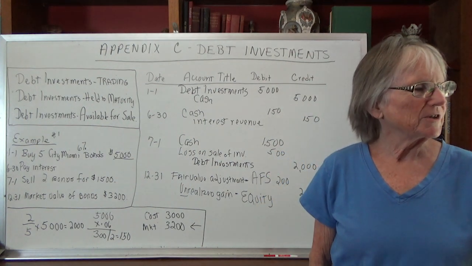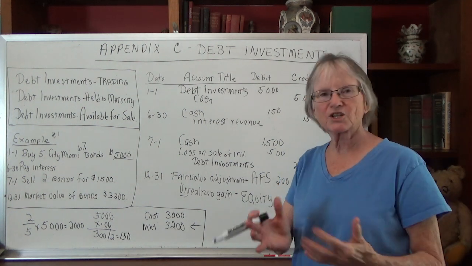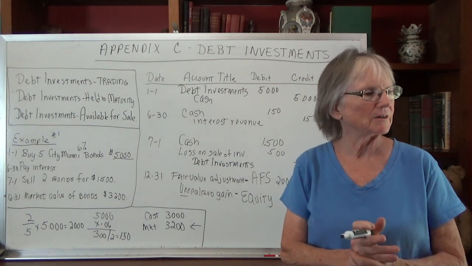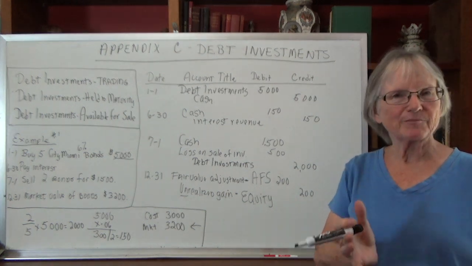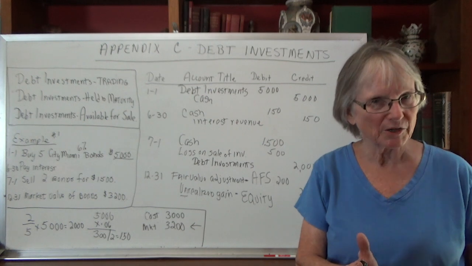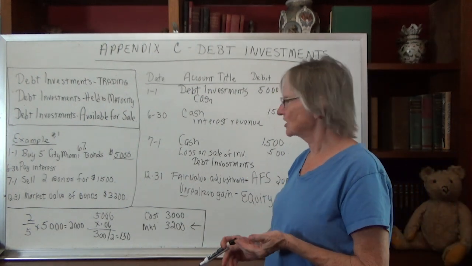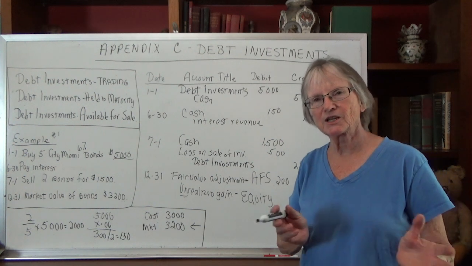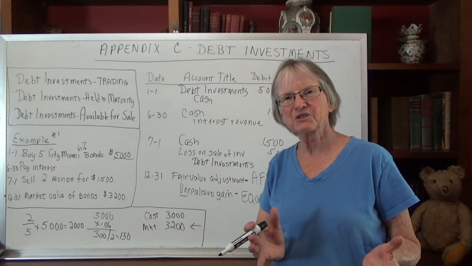Okay, the available for sale is basically anything else. We might sell them soon, we might sell them further out, but it's not necessarily going to happen right away. So if we reported those unrealized gains or losses on the income statement, it could add to what's called the volatility of earnings.